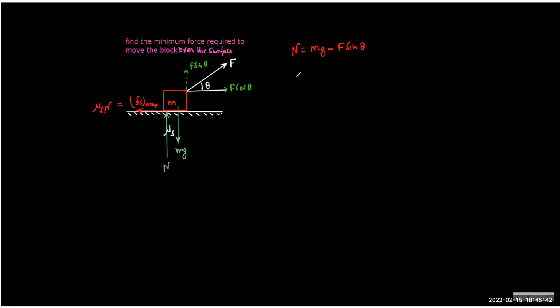Yes, sir. And to move the block, numerically we can say f cos theta is the force responsible for motion, and this must overcome μs N. We can take more than or equal to, but we are taking the equality because we are trying to find the minimum force. So f cos theta is μs N. But what is N itself here? mg minus f sin theta.